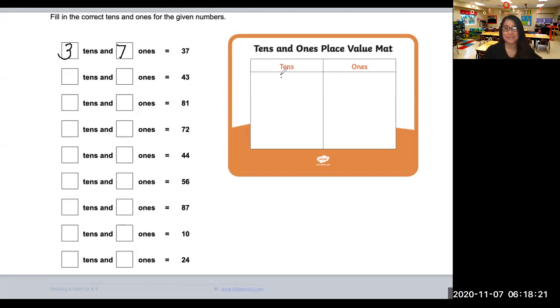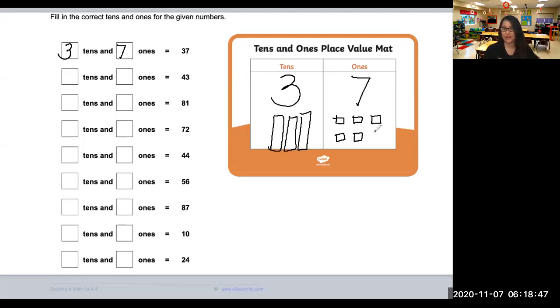That means the place value of 3 here in 37 is in the tens place value because there are 3 groups of 10s, our tall building. And the number 7 here is in the ones place value. 1, 2, 3, 4, 5, 6, 7. So that goes in the ones place value.